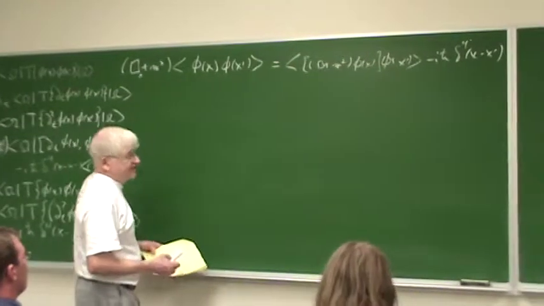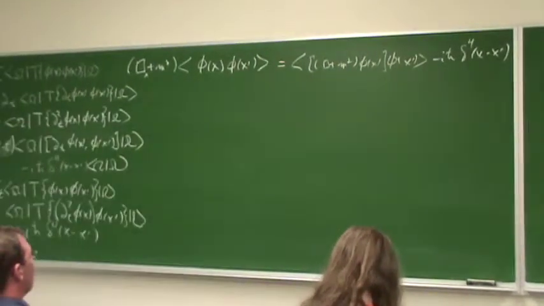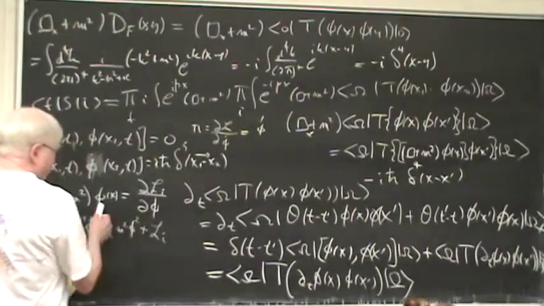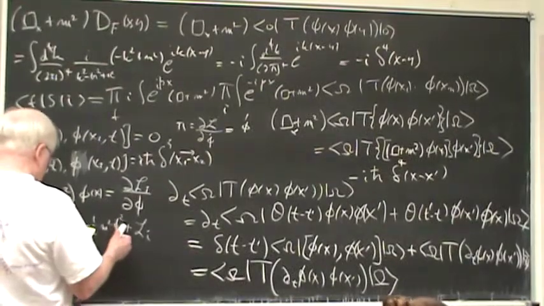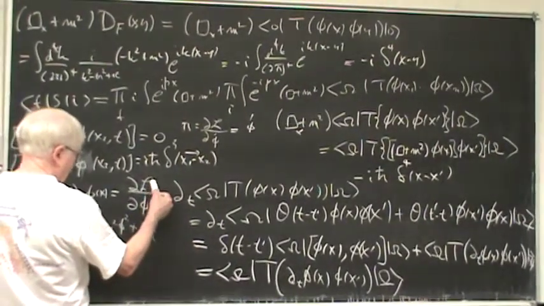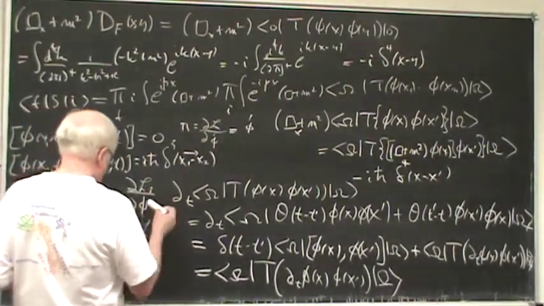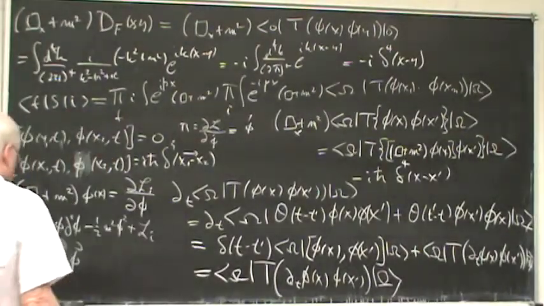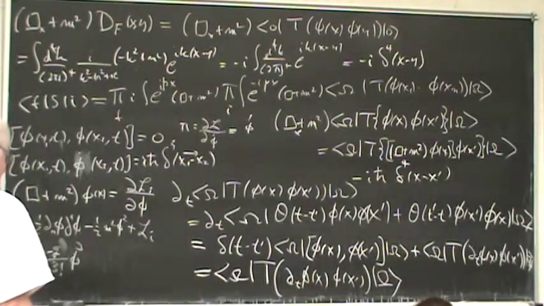I just said before that box plus m squared phi is equal to what Schwartz calls L prime sub I, and let me just look at this one more time to get these signs straight.